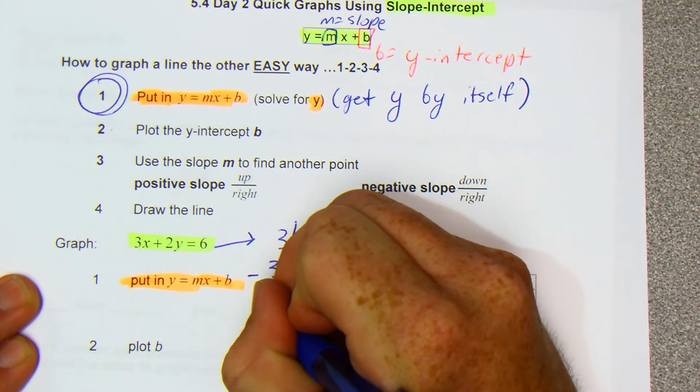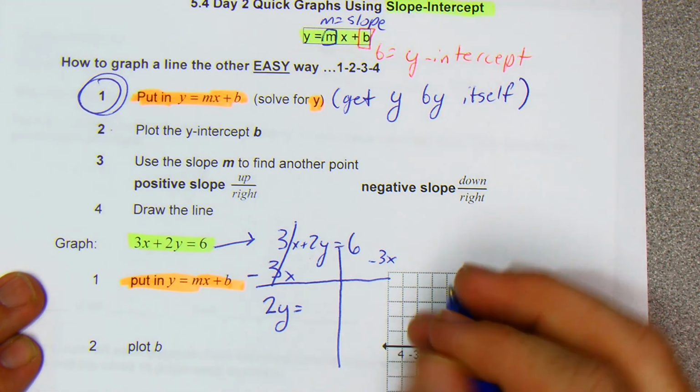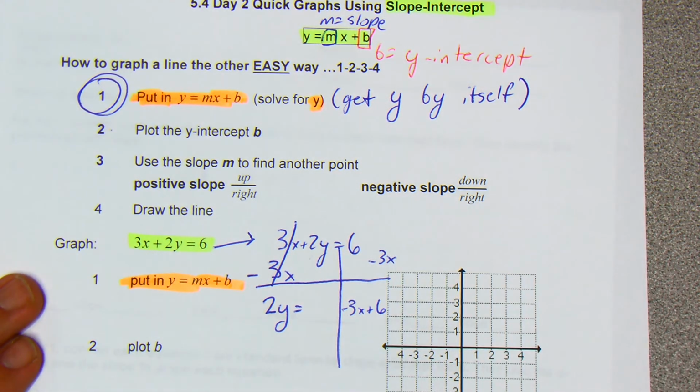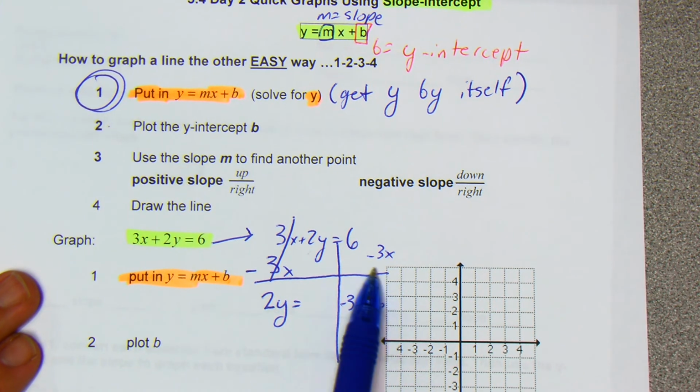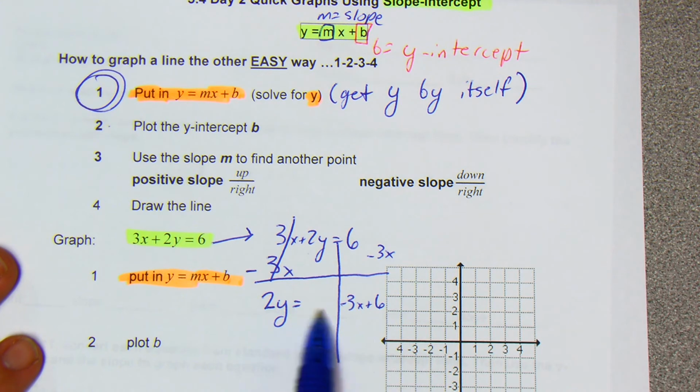I'm left with 2y equals negative 3x plus 6. It's negative 3x because I subtracted 3x from both sides, and it's plus 6 because this is a positive 6.